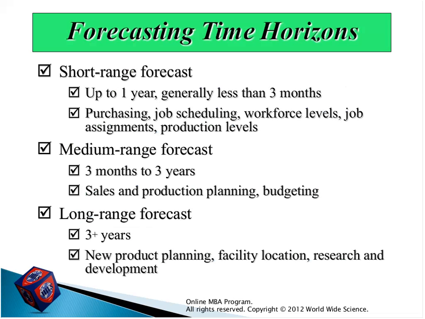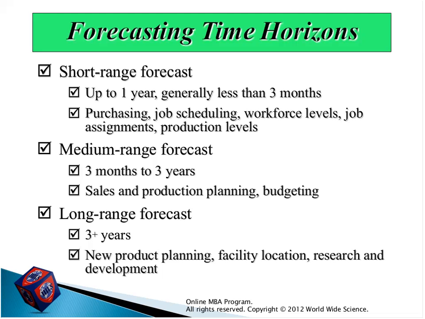Yes. It depends on your activity. If you want to plan for a new product planning, new technology, research and development, you should forecast 3 years later, 4 years later, more than 3 years. Because you want to introduce new technology, it takes a long time to make it and then send it to market.